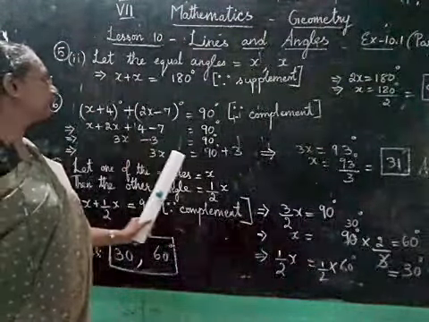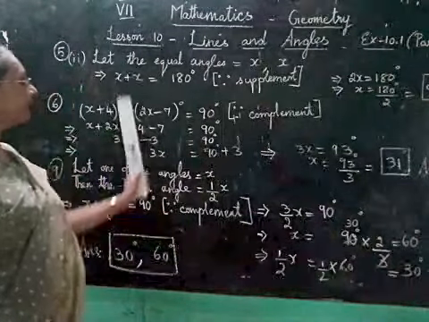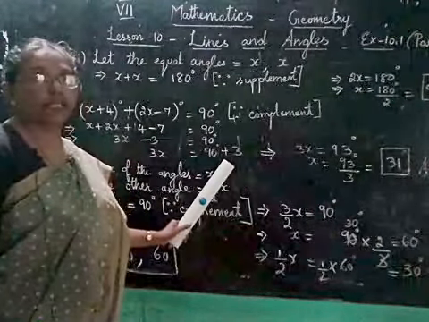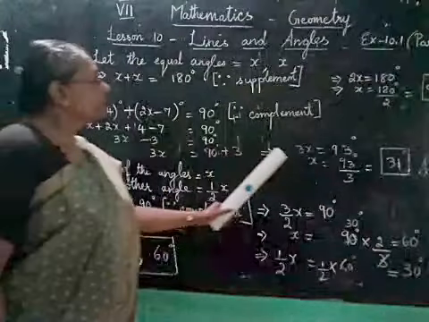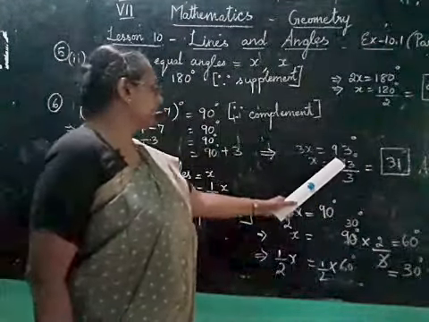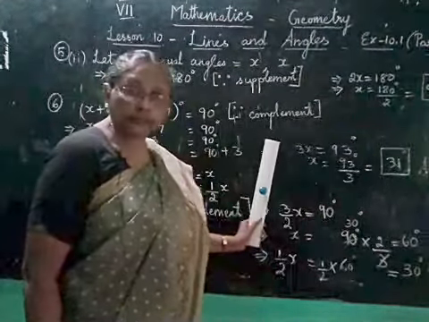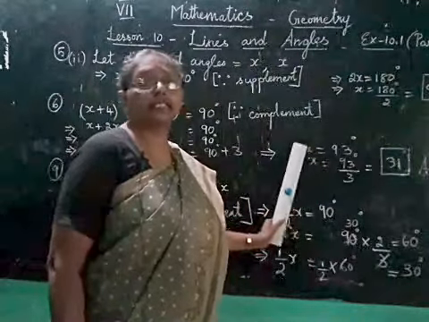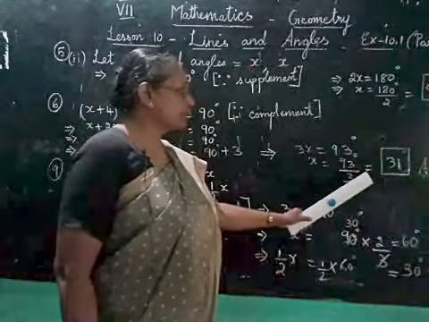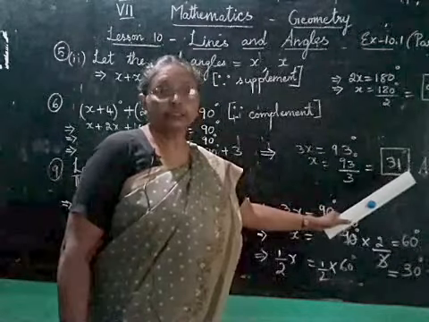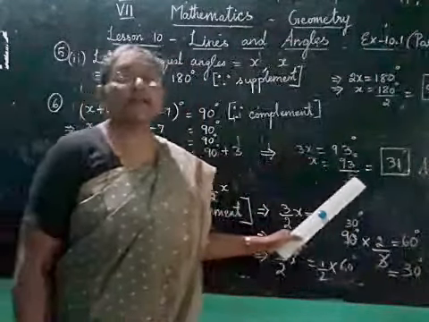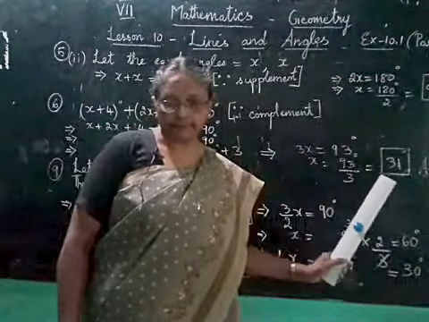Taking minus 3 to the other side, we get plus 3. So 3x is equal to 93 degrees. Then x will be equal to 93 degrees by 3, which will be 31 degrees. So this is the required value of x.